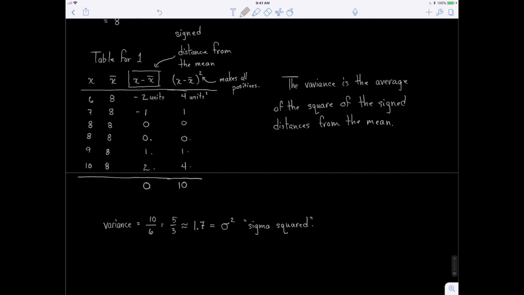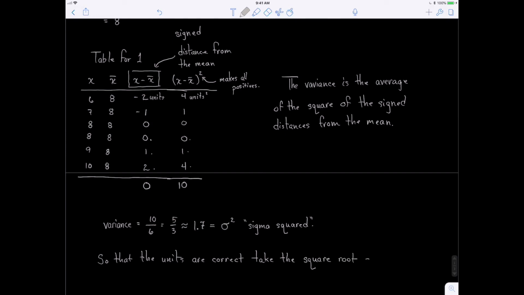For example, if I was talking about body weight or the height of people, then you wouldn't need to have the height squared or your body weight squared. So what we do is to fix the units, so that the units are correct, take the square root.